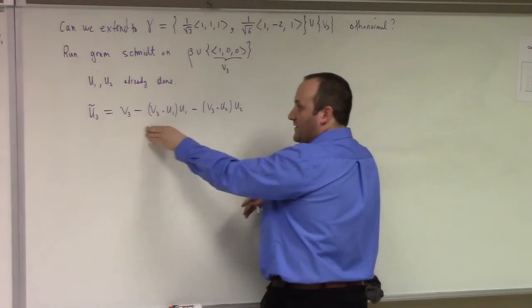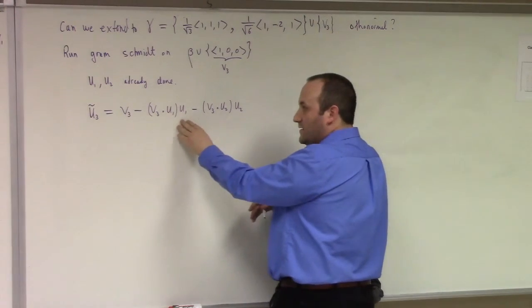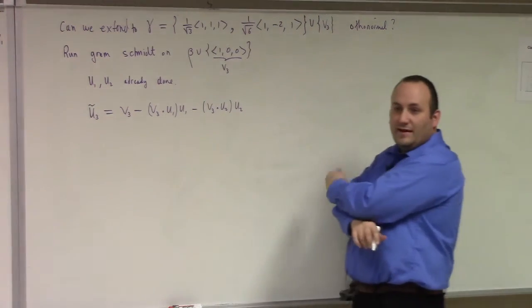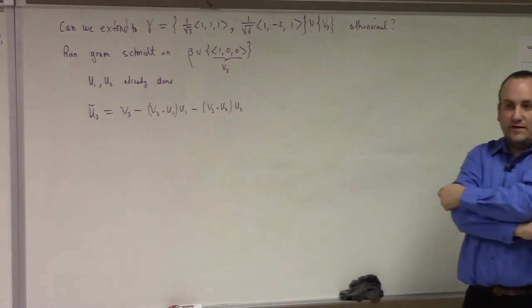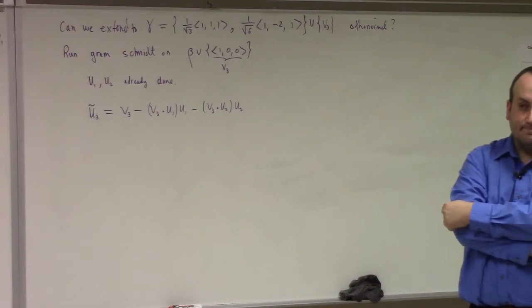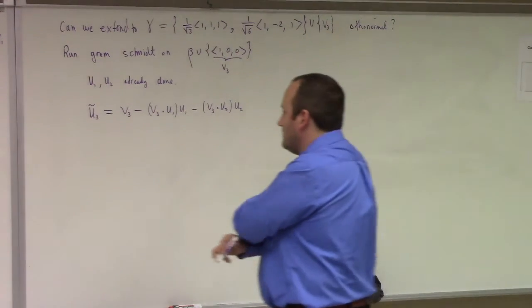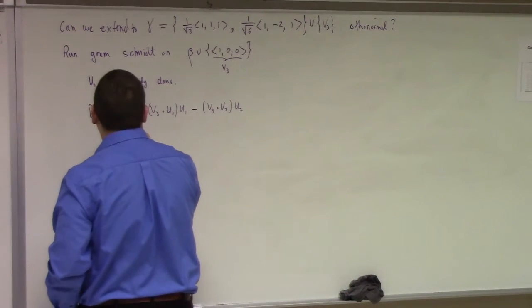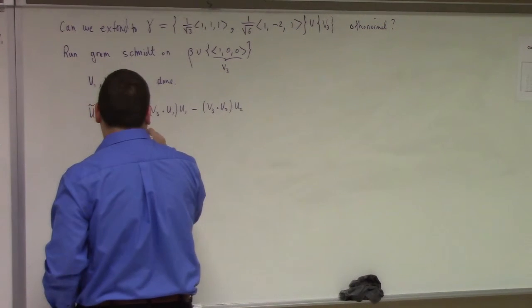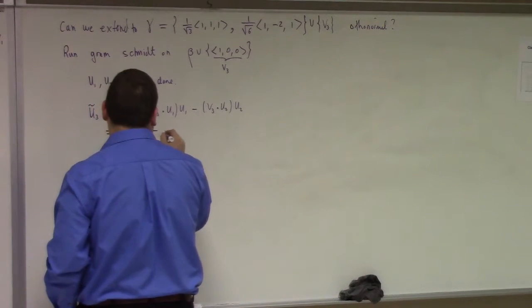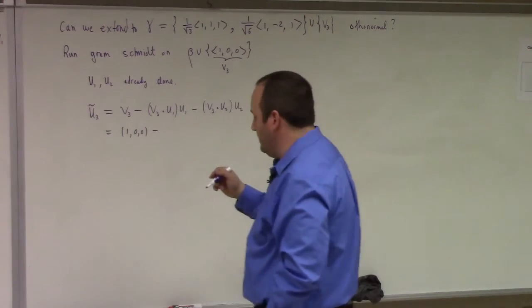This will give you a vector which is perpendicular to U1 and U2, and at least partly in the direction of V3. I said V3 is (1, 0, 0). What's V3 dot U1?